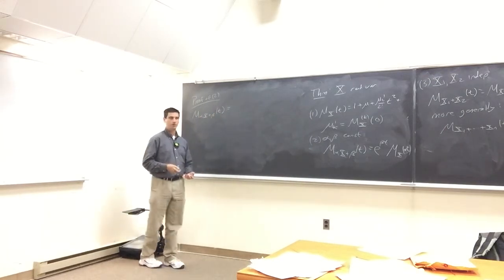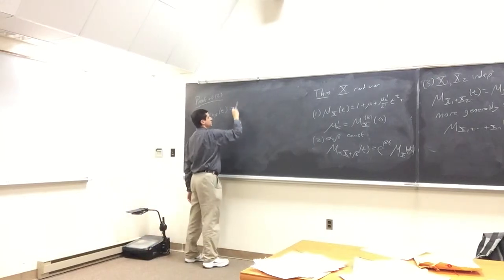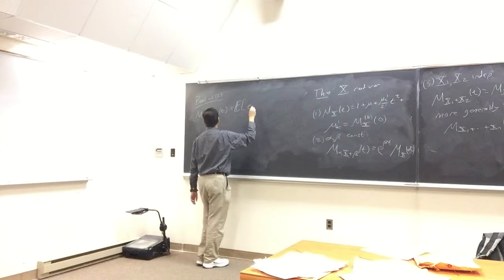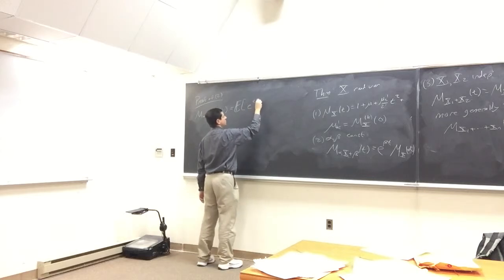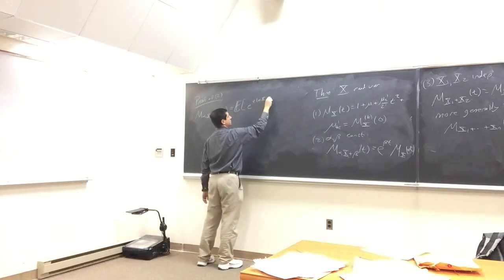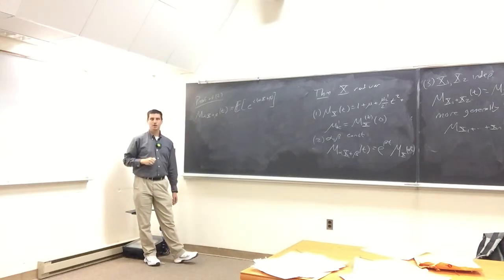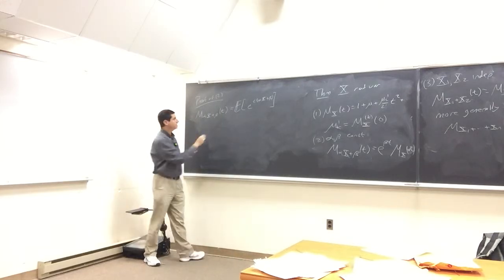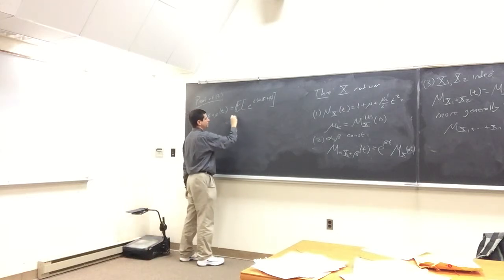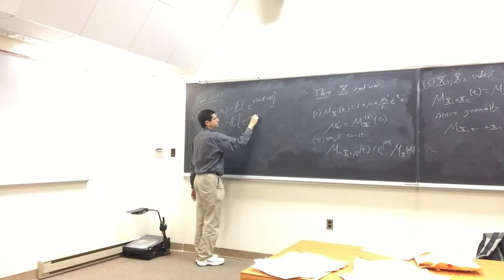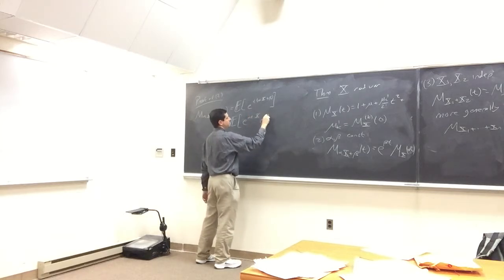So here, our definition is the expected value of e to the t times my random variable, alpha x plus beta. And now you can see the power of the expectation. This is the same as the expected value of e to the alpha t x times e to the beta t.